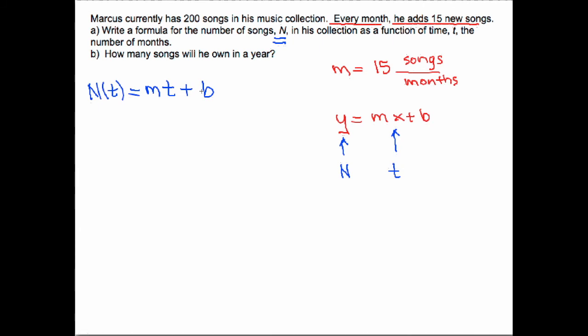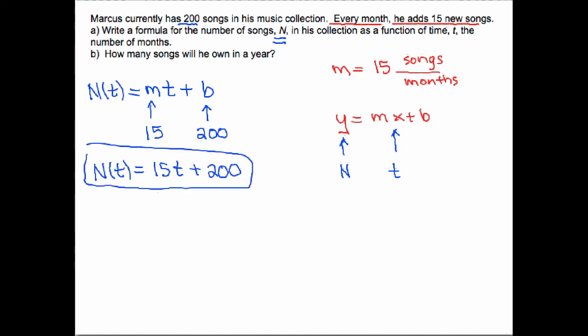So substituting in, we know the slope is 15. And b is the initial output. Well, initially, Marcus has 200 songs. So it looks like part A would be n of t is equal to 15t plus 200.